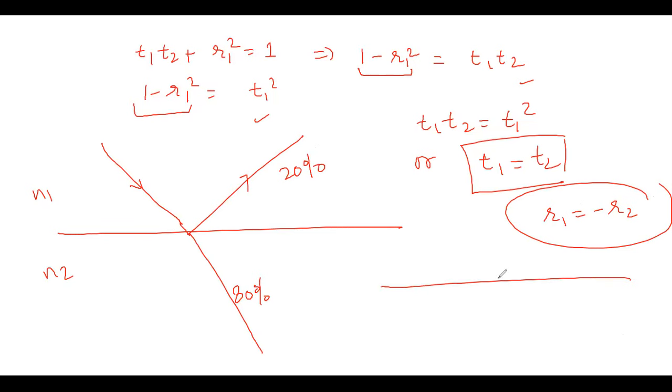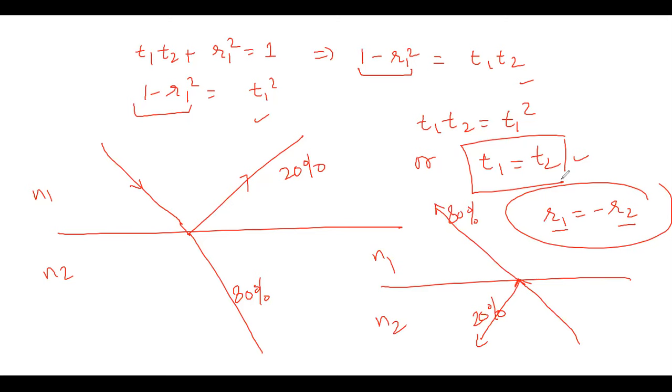That means if now your light is incident from N2 to N1, your reflection coefficient magnitude is the same, not the amplitude. Magnitude of reflection coefficient is the same. That means again 20% light will be reflected and 80% light will be transmitted. Because you are saying that the magnitude of T1 is equal to T2.